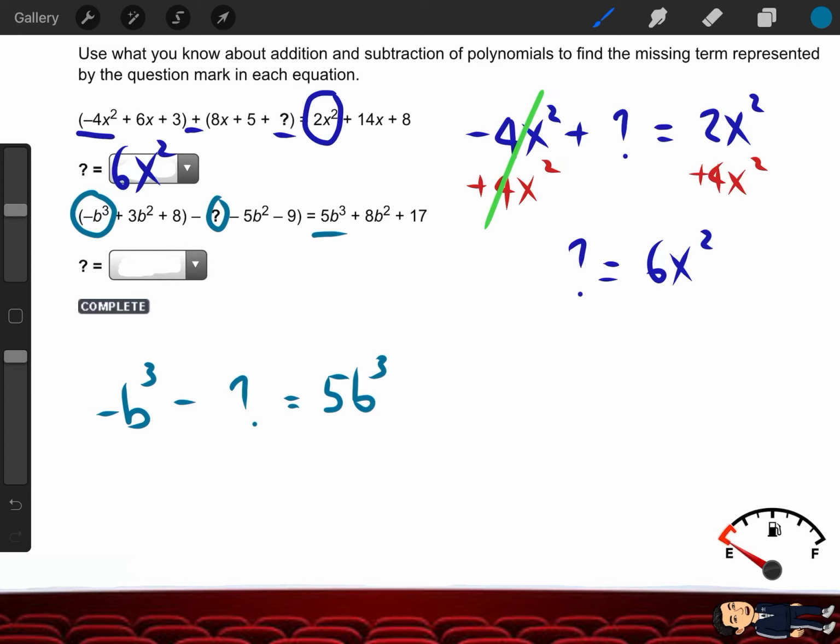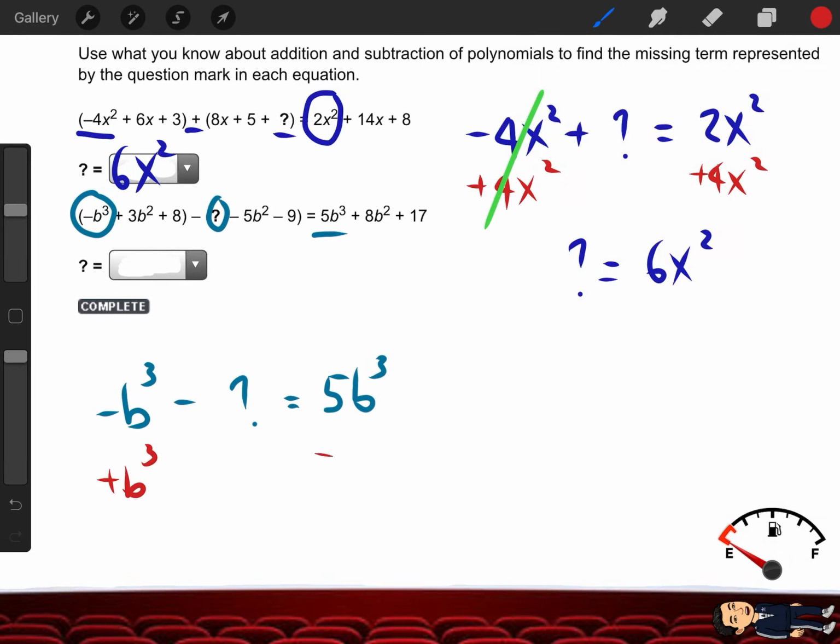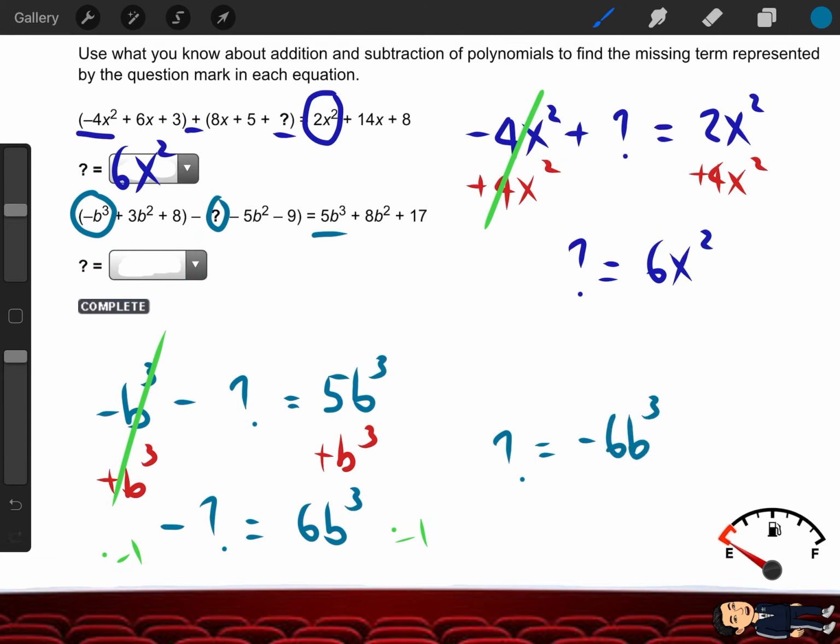First you're going to add b cubed on both sides. Okay, that allows you to cancel them out. So what I have left is the negative question mark equals 6b cubed. Okay, you can just multiply by negative 1 on both sides. So your question mark for the second blank is going to be negative 6b cubed. Okay, make sure you guys insert that into this blank.